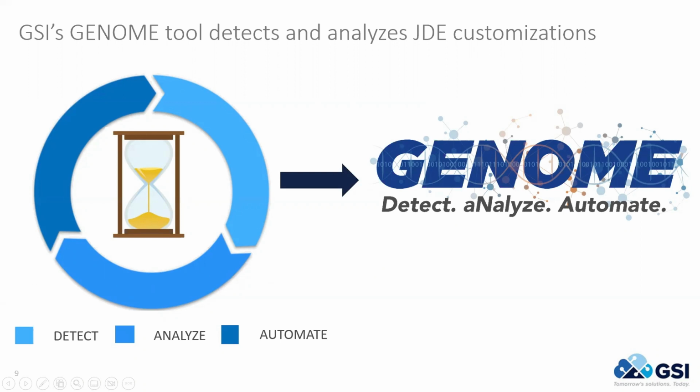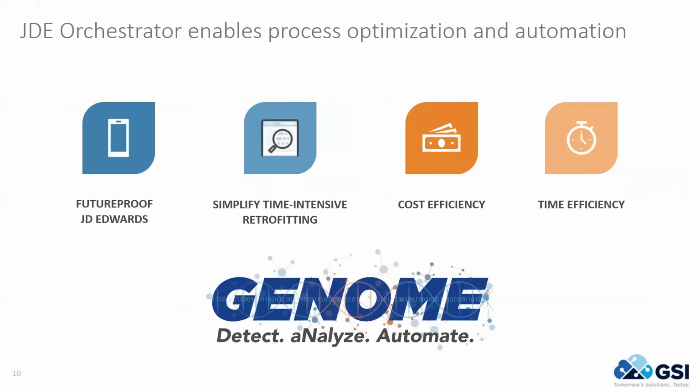So as you take advantage of it and retrofit your customizations into orchestrations, you're future-proofing your JD Edwards, so you can stay current with tools and application releases, especially the big push to go to code current, to stay up to date with everything Oracle is putting out. I mean, JD Edwards is constantly evolving, and I think over the last couple of years even more so than in the past.